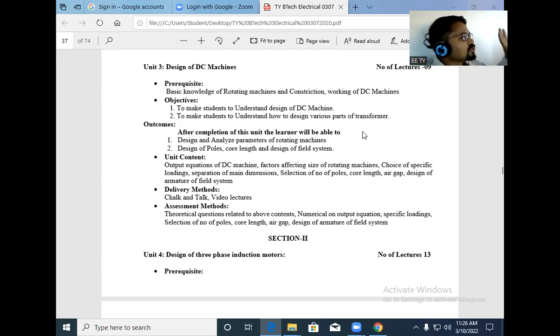In the first section we have to study 3 chapters: introduction, design of transformer and design of DC machines. So if in the examination the problem is in section 1, then by default you have to understand that it is related to the design of DC machines.